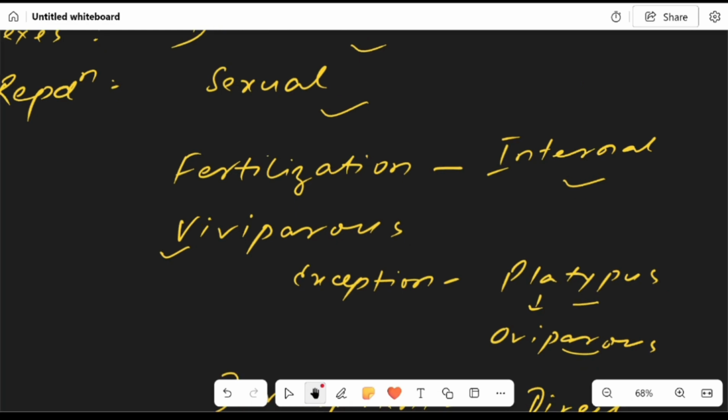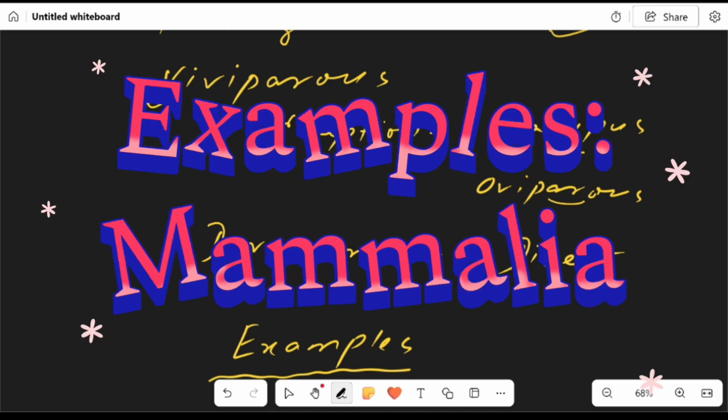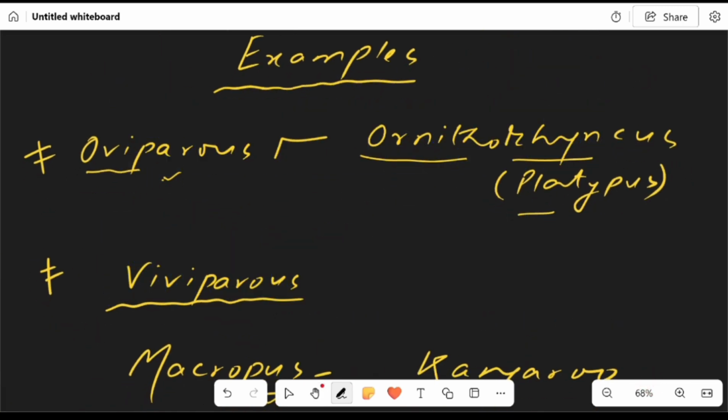These are mostly viviparous. The only exception is the platypus, Ornithorhynchus, which is oviparous. Their development is direct. Rest are viviparous.